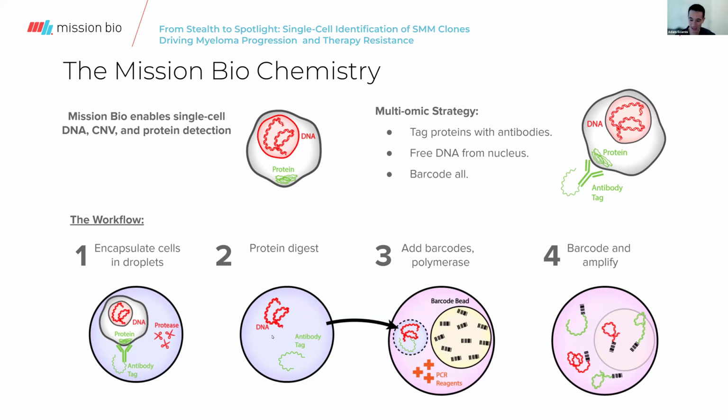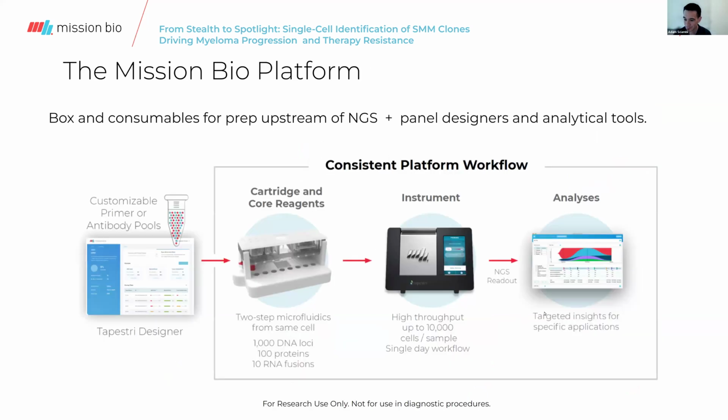So now you have just DNA and your antibody tag. You then load it into a droplet with a barcoded bead. That barcoded bead labels every single molecule associated with that cell, so you can then sequence downstream. And so now, from our platform, you can identify by single cells which genomic DNA and which antibody, and therefore which antigens, were associated with the cell.